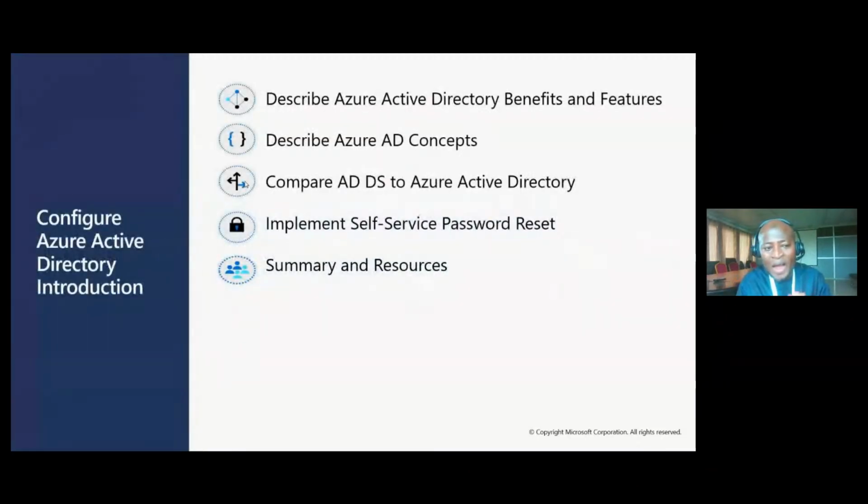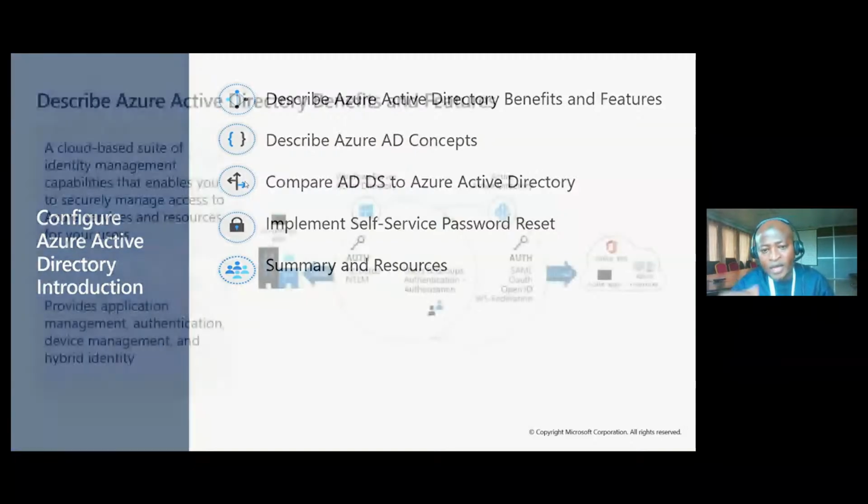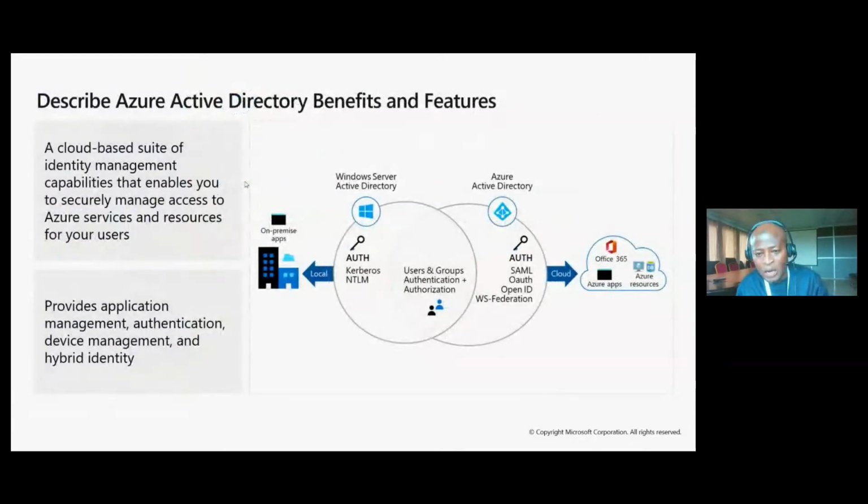By the time we go deeper, we get to know how this Active Directory relates to Azure and how we configure it. So in the course of this training, as regards the first objective, we'll be looking at: describe Azure Active Directory benefits and features, describe Azure AD concepts, compare AD DS to Azure Active Directory, and implement self-service password reset. And if I have some other resources, I will share with us.